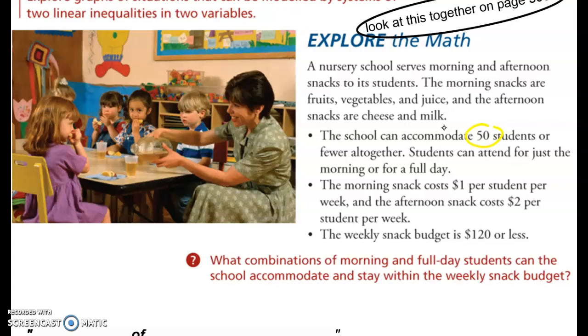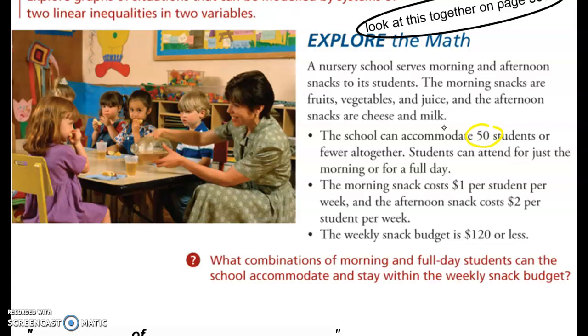The morning snack costs $1 per student per week, and the afternoon snack costs $2 per student per week. The weekly snack budget is $120 or less. So, how many possible students can they have in the morning or for the full day and still meet this budget?